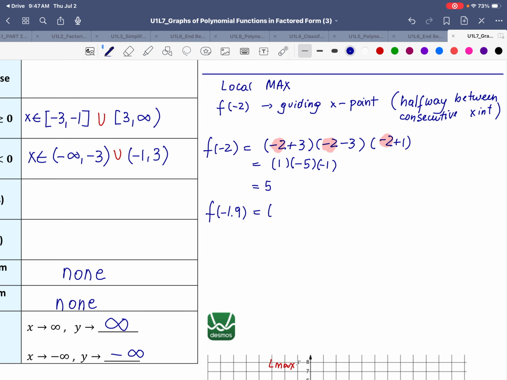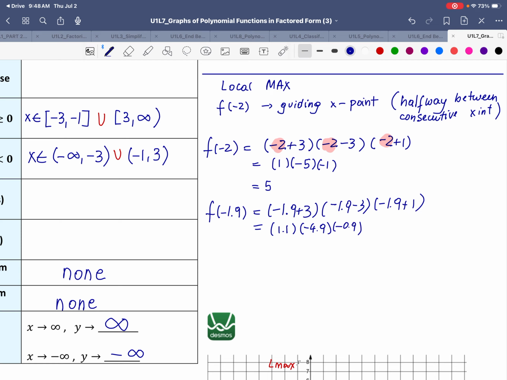And that will give -1.9 plus 3, -1.9 minus 3, and -1.9 plus 1. So as I mentioned before, this is a little bit of a tedious process, but still logical. So let me grab a calculator and determine the exact value of the function at this point. -1.9 plus 3 would be 1.1. -1.9 minus 3 is -4.9, and -1.9 plus 1 is -0.9.